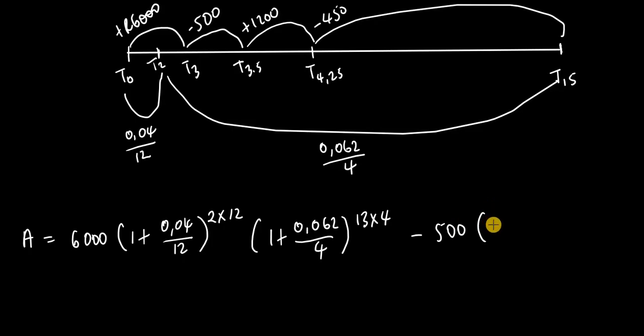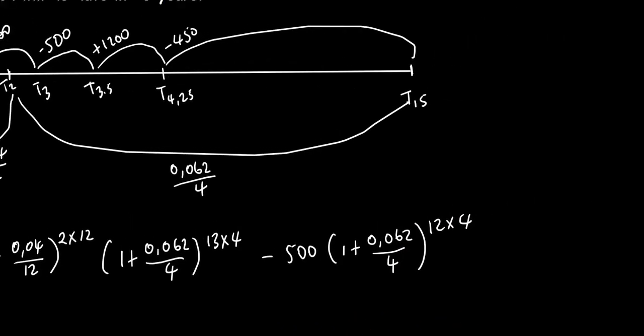So we say 1 plus 0.062 over 4. Then we multiply from T3 to T15, which is 12 years. We multiply by 4 because we want to know how many quarters are in 12 years.